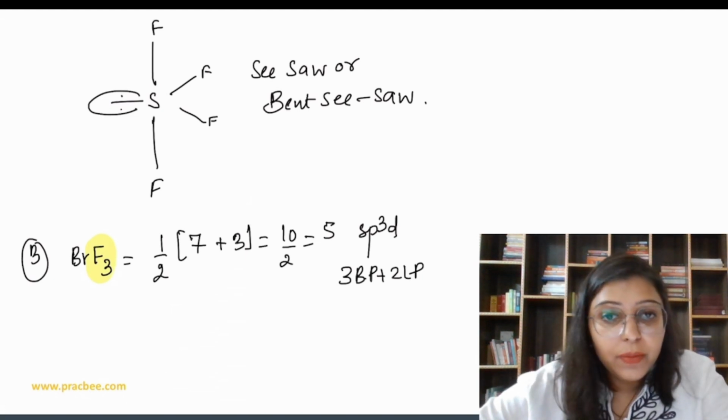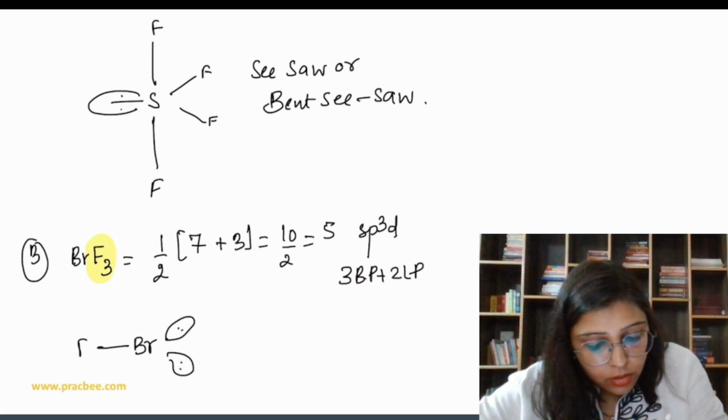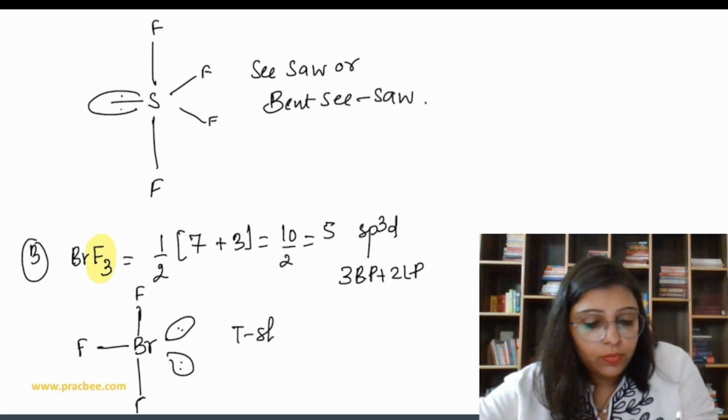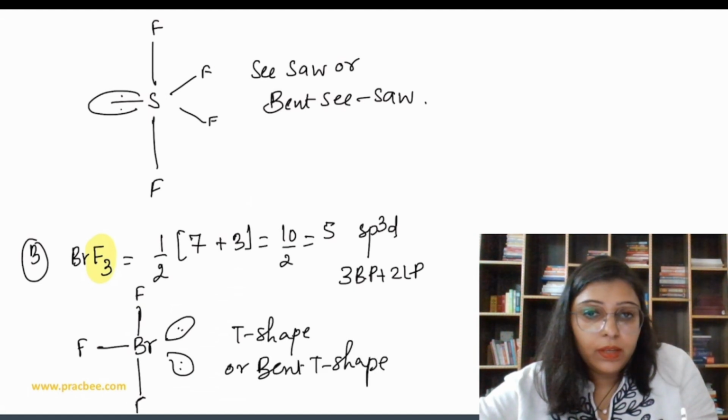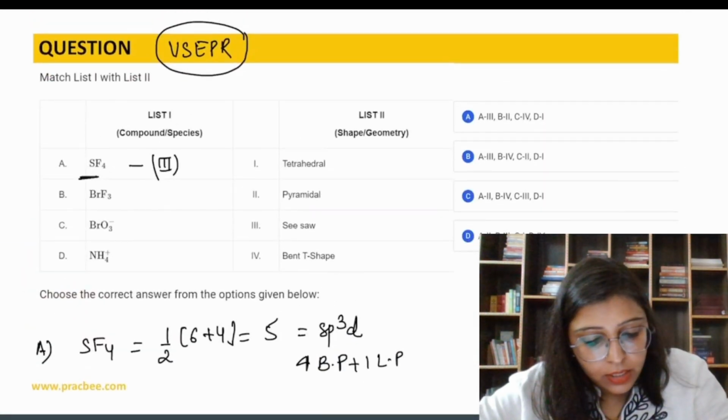So the lone pairs occupy equatorial positions. So the shape is going to be T shape, or bent T shape. Clear? So we can say BrF3 is going to be the fourth.